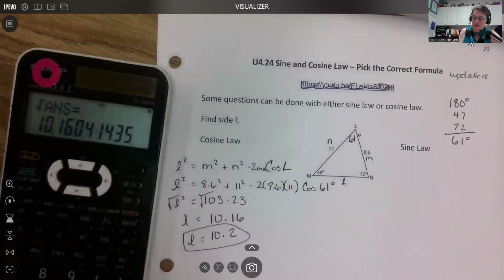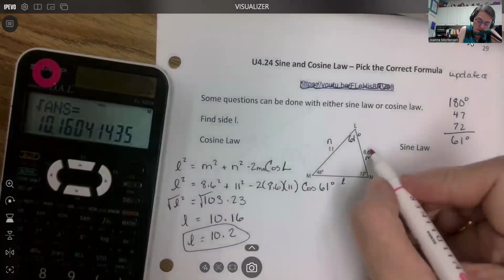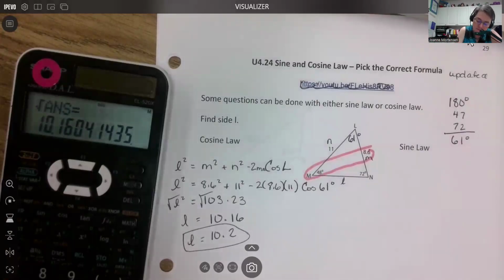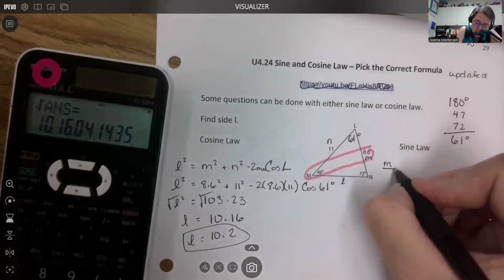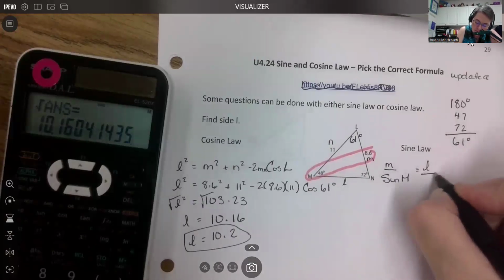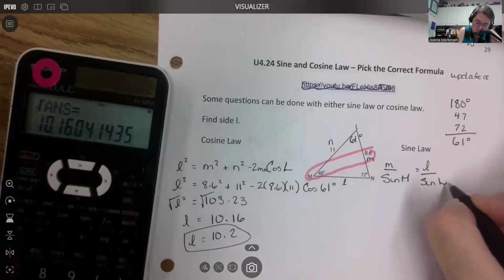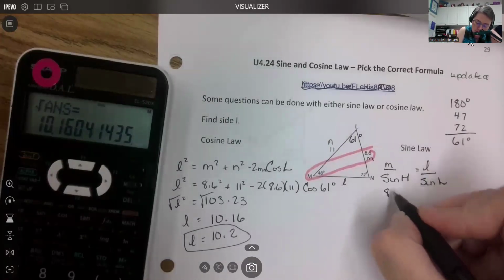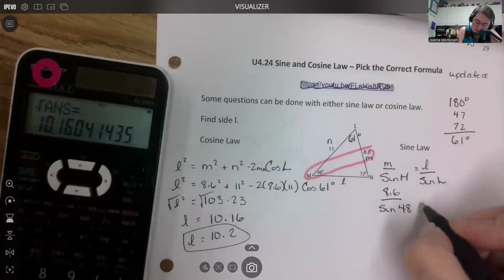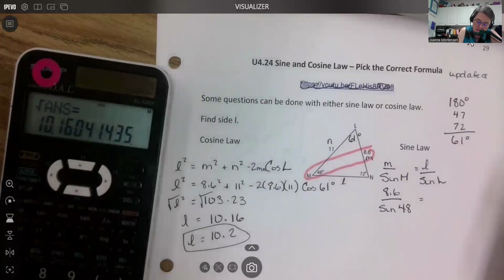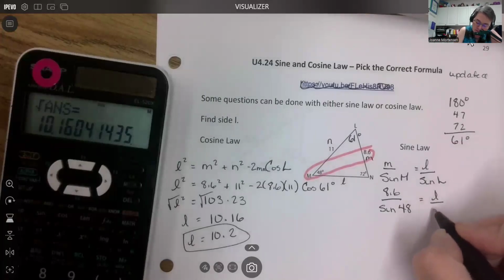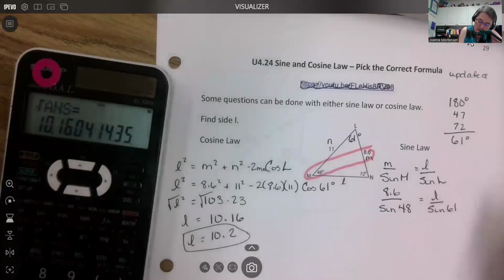Sine law. All right, what do we got, a matchy pair? Yes, we do. So M over sine M is equal to little l over sine L. So M is 8.6 over sine 48 is equal to l over sine 61.